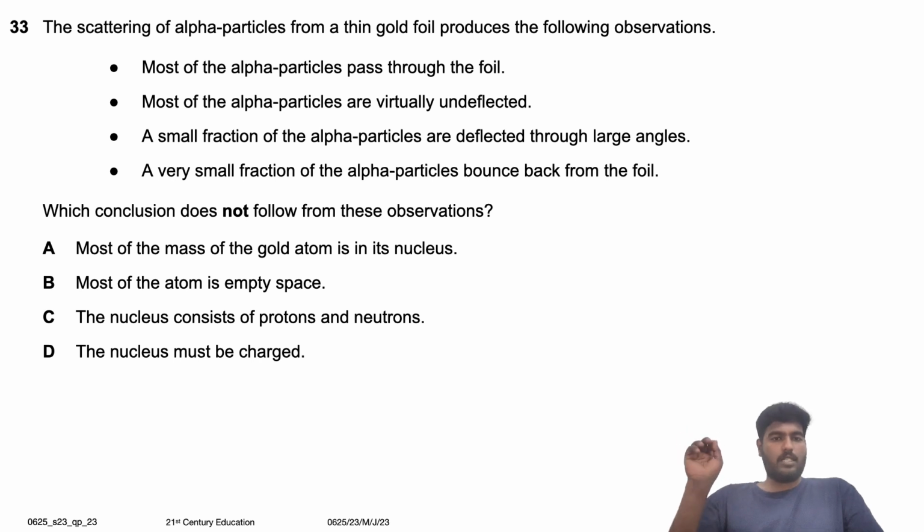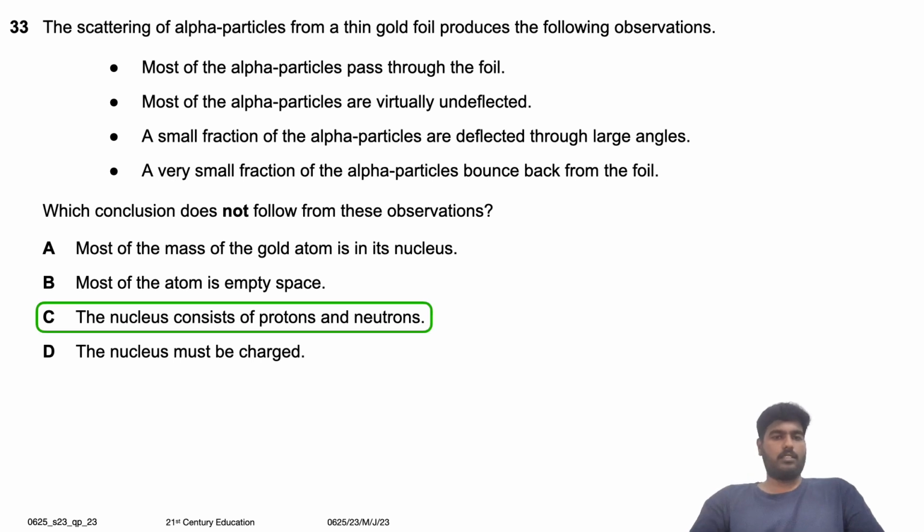Which conclusion does not follow from this observation? The nucleus consists of protons and neutrons. When it's reflected from the nucleus, we know that it is positively charged, but there is no way of telling there are neutral particles present in the nucleus. So that the nucleus consists of protons and neutrons cannot be deduced from this alpha particle gold foil experiment.